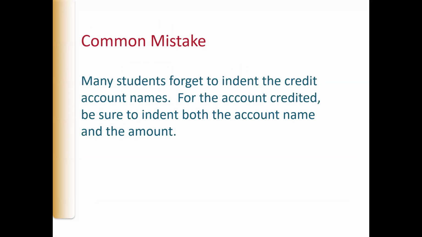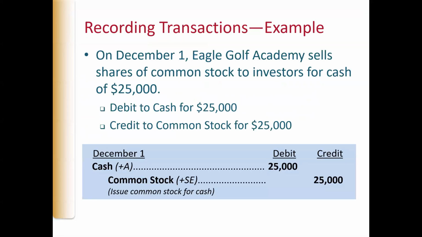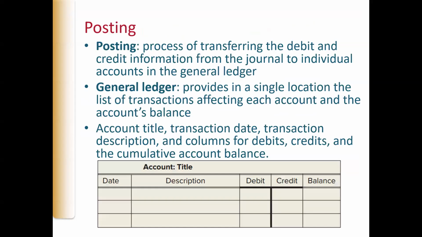For the account credited, make sure you indent both the account name and the amount. You see how I did it here? The account name is indented and this credit side is over here. Got it? Okay. Now what we're going to do is we create a journal entry.